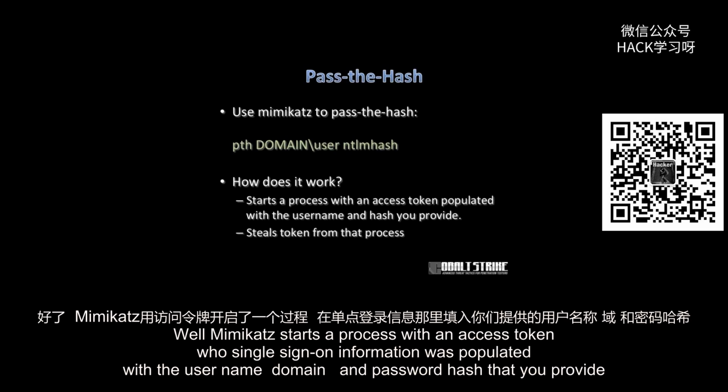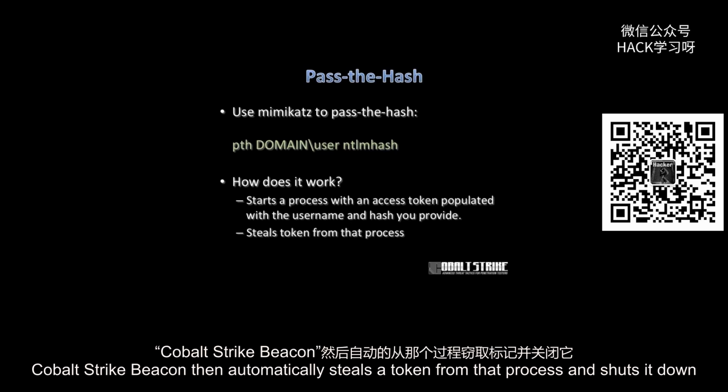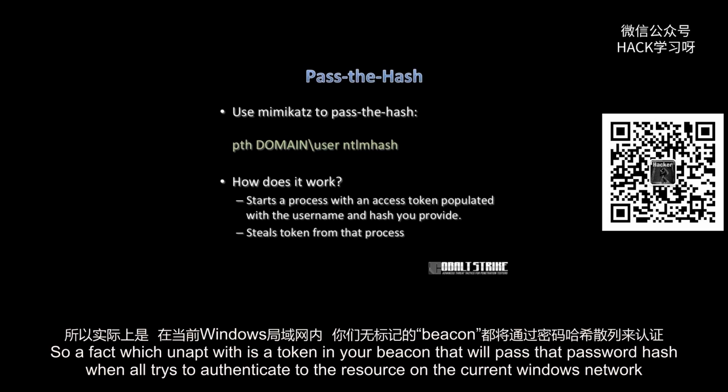Well, Mimikatz starts up a process with an access token whose single sign-on information is populated with the username, domain, and password hash that you provide. Cobalt Strike's Beacon then automatically steals a token from that process and shuts it down. So in effect, what you end up with is a token in your beacon that will pass that password hash when it tries to authenticate to a resource on the current Windows network.